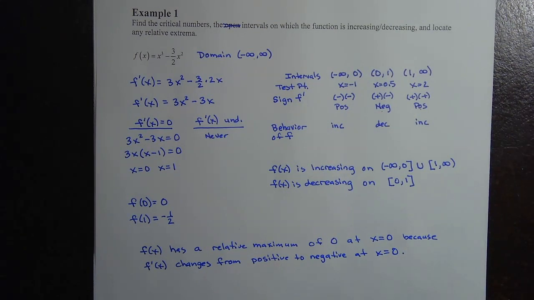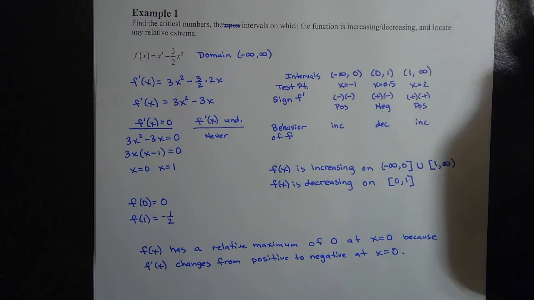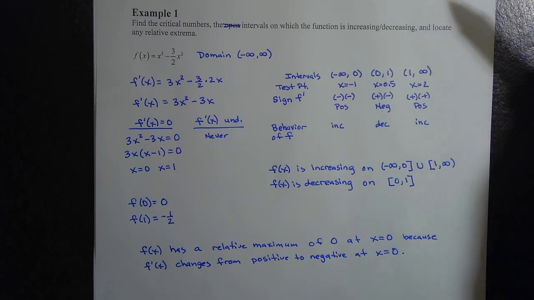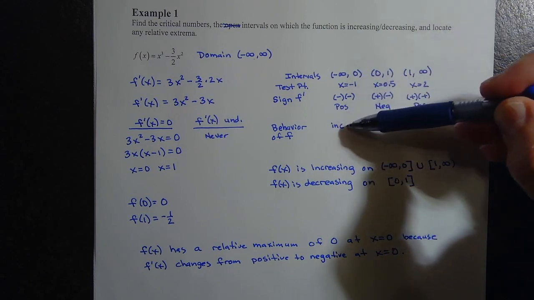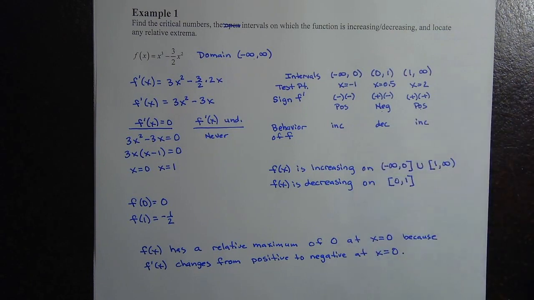Now I want to say this. You cannot justify why there is a relative maximum at x equals 0 by saying it's because f is changing from increasing to decreasing. That's absolutely true, there is a relative maximum because of that, but here's the problem. That is not a calculus justification. That's an algebra justification, and you're taking calculus. So you have to give a calculus justification for it.